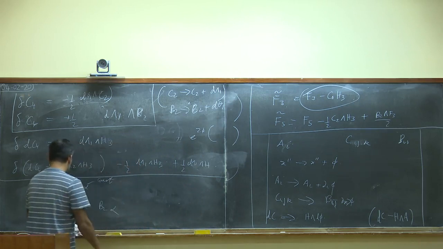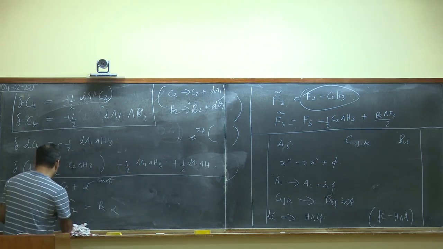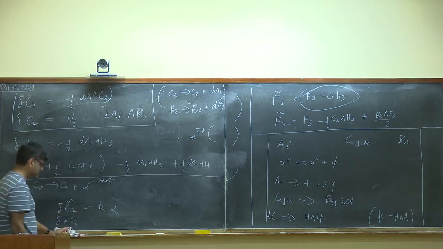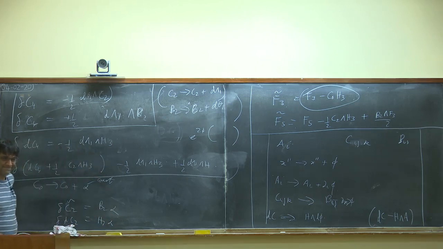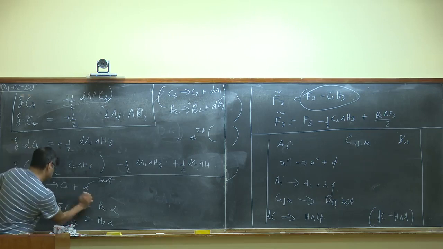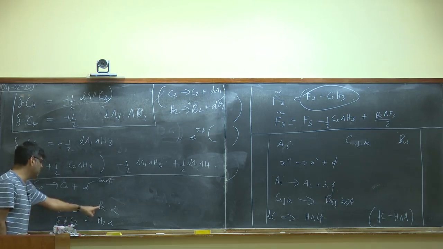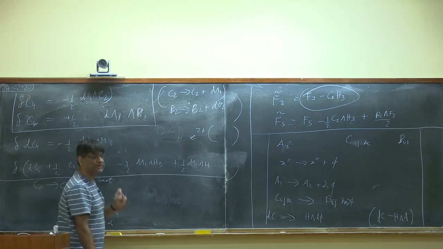Okay, so now if you want to deal with a field that is, therefore delta of dC2 is equal to H3 times alpha. What is this tilde? Oh, under this symmetry, no tilde, just C2, sorry. Under the shift, C2 transforms like B2 alpha.